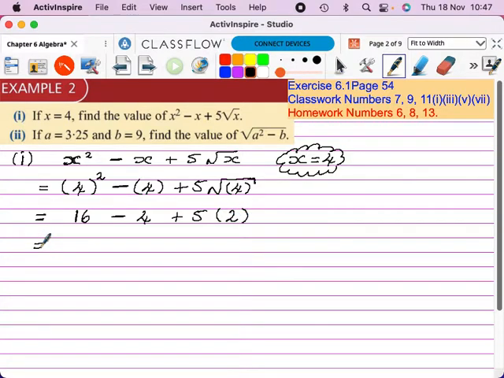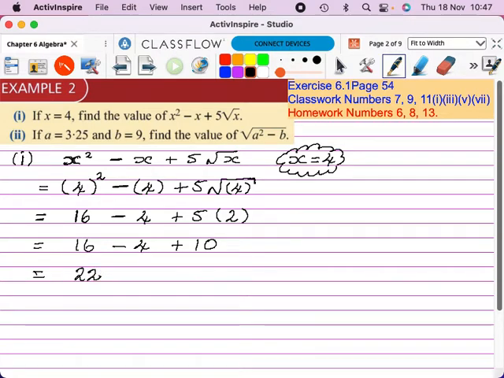And then we can work this out. It's going to be 16 minus 4 plus 10. And then 16 take 4 is 12. 12 plus 10 is going to be 22.